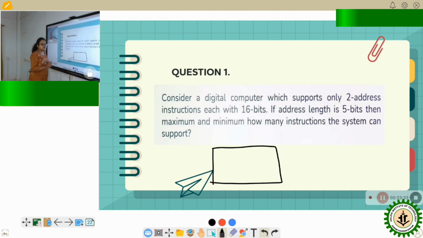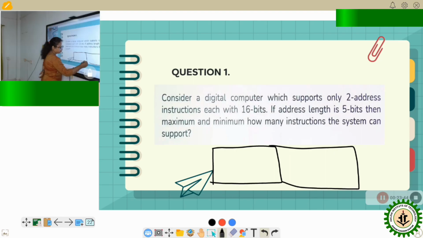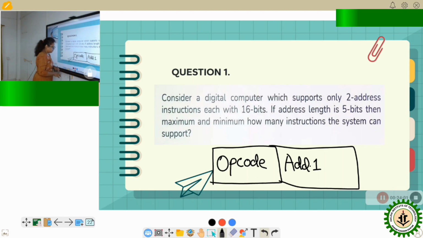It is a 2 address instruction, so here will be the opcode, here will be address 1, here will be address 2.